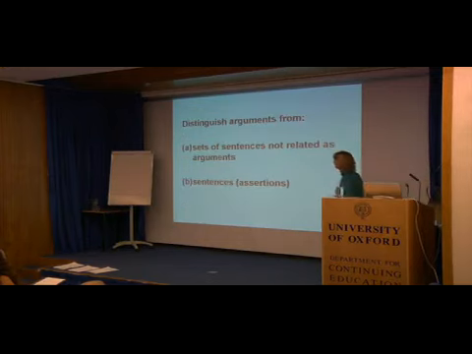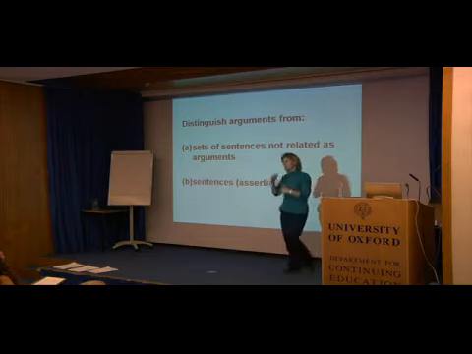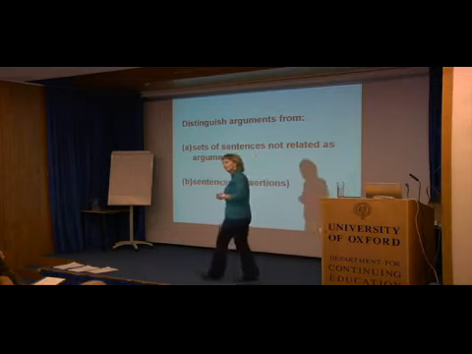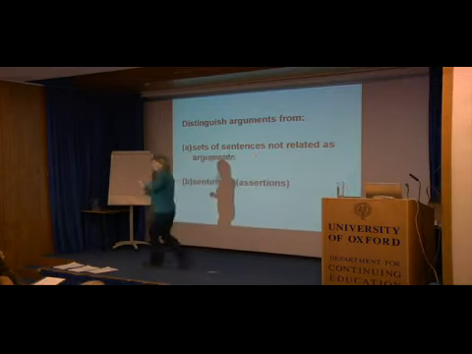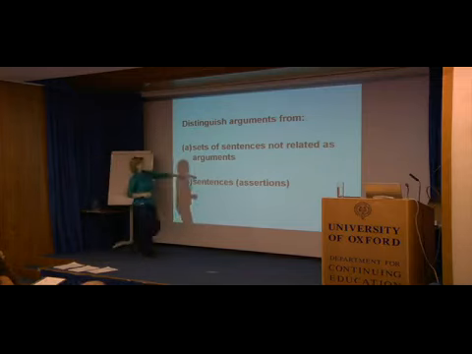And I said it was important to distinguish arguments from 2 things. Firstly, sets of sentences that aren't arguments. And if you remember, there are 2 sorts of sets of sentences that are not arguments. Can anyone remember what they are? No, an assertion isn't an argument. An assertion is the second thing from which you should distinguish arguments.